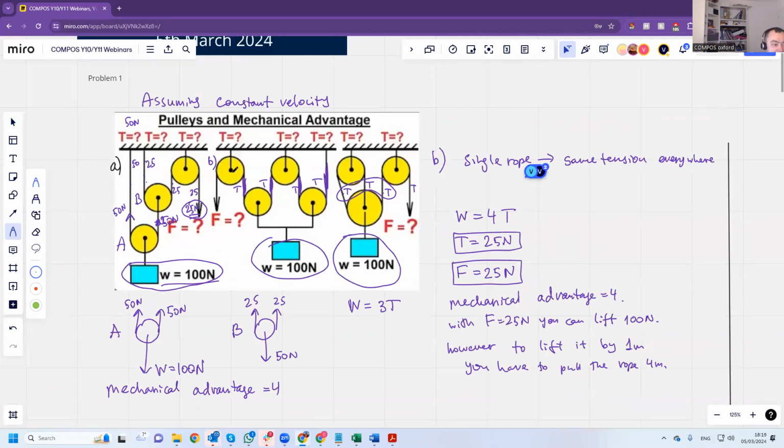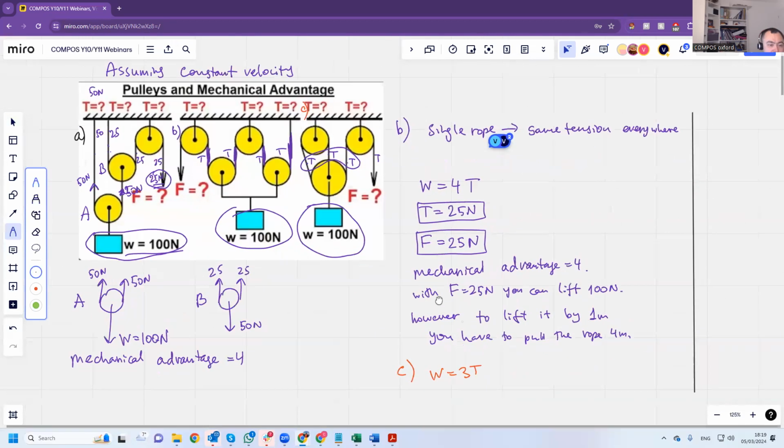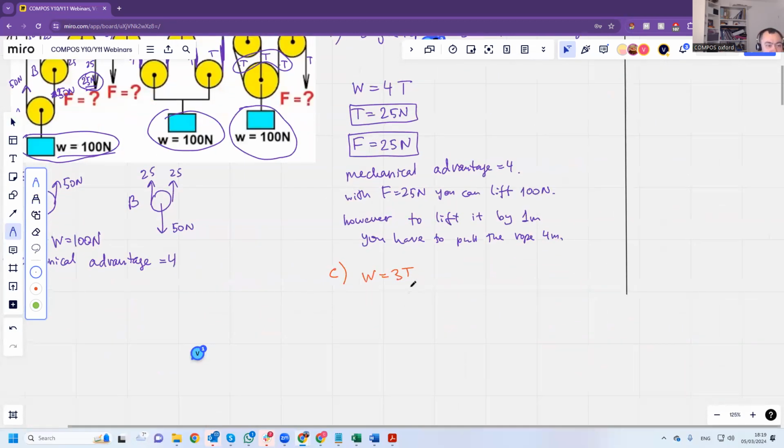Let's call it C. Let's change color. Yeah, so C, the weight is equal to 3 tensions. Okay. And that means that tension is equal to weight divided by 3, which is 33.3 newtons.